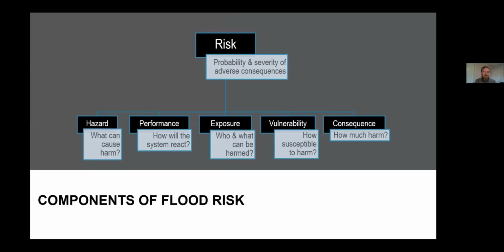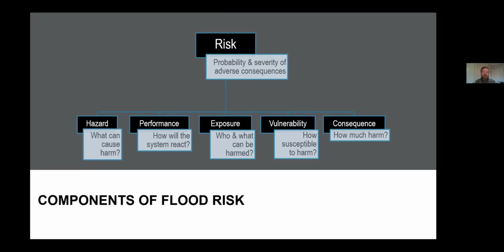Here's a more conceptual model of risk, where risk is the probability and severity of an adverse consequence. There are these components of the flood risk framework. This is kind of built off an example from the Corps of Engineers again. So the first thing you need to think about is, what is causing the harm? How do we characterize that, in this case, the flood hazard? So typically we have a model to estimate what that hazard looks like. Then we want to know how the system is going to react, the performance of man-made and natural systems.